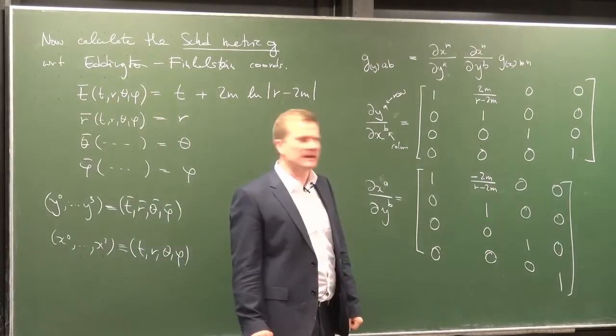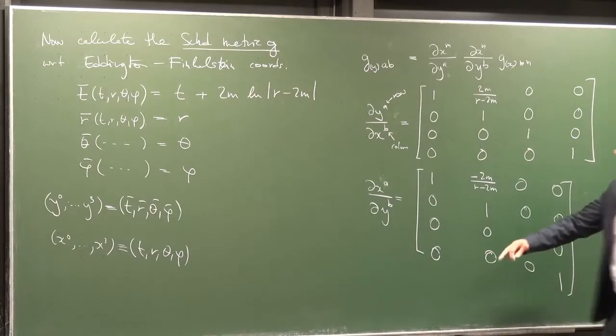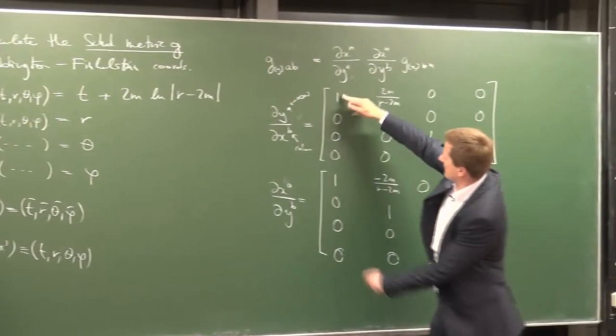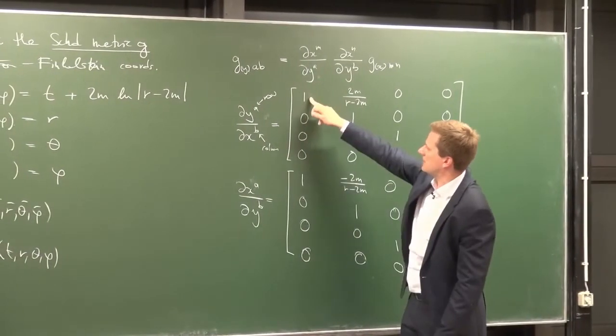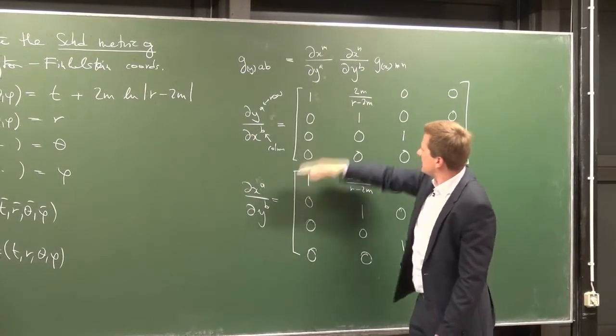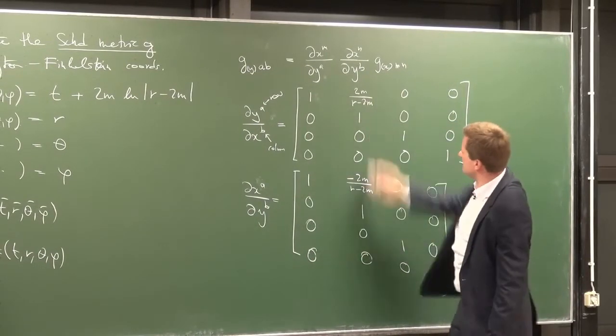Let's check whether this is the inverse. So we come with this matrix from the left to this one. This times this gives a 1, row times column gives a 1. Okay, that's the 1. We want to get the identity. So we take this row times this column.